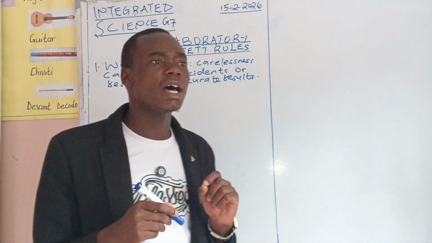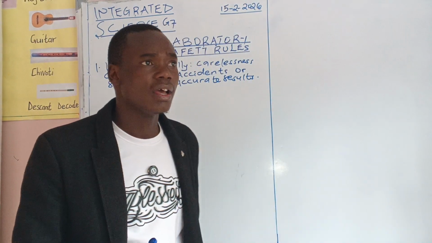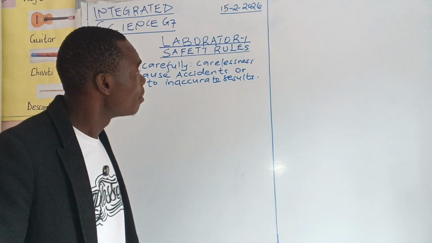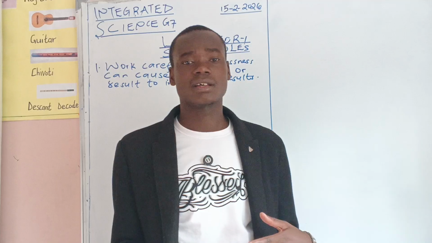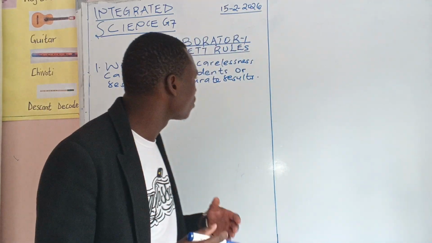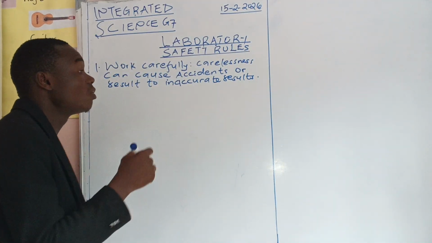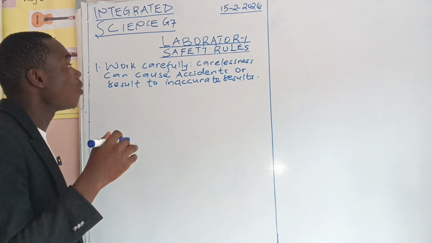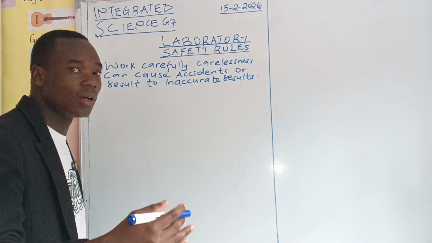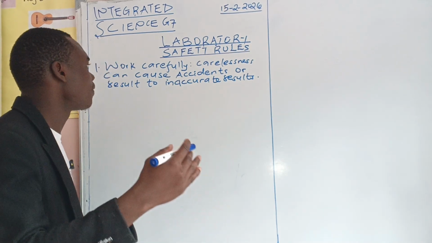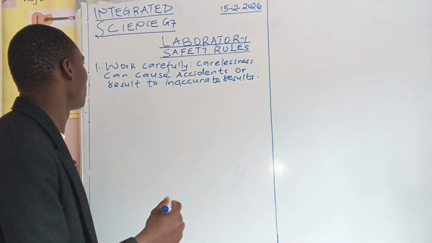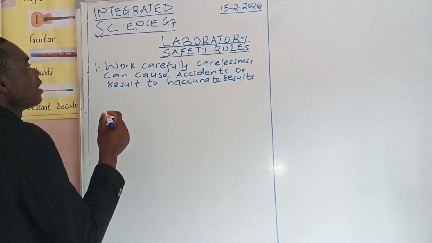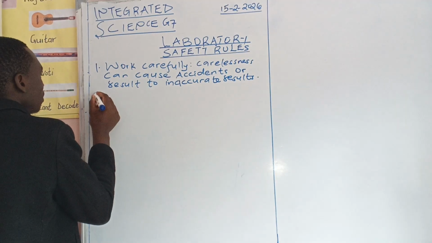If you don't understand a particular thing, there are procedures given before you carry out your experiment. Even if you want to do an experiment as told by the teacher, make sure you read the procedure. So work carefully, following the procedures and the instructions given by your teacher. That is number one, safety laboratory rule.